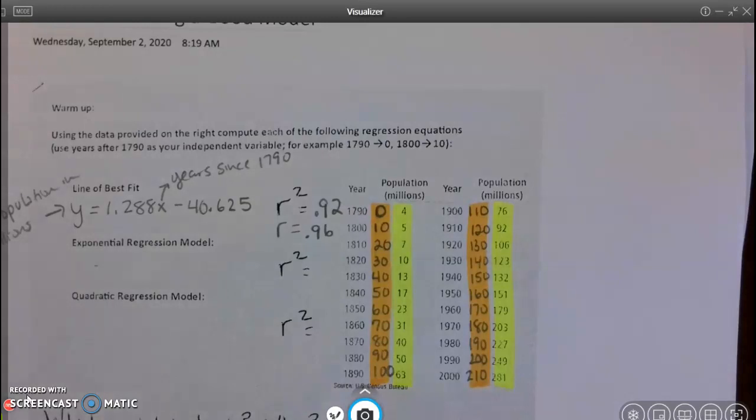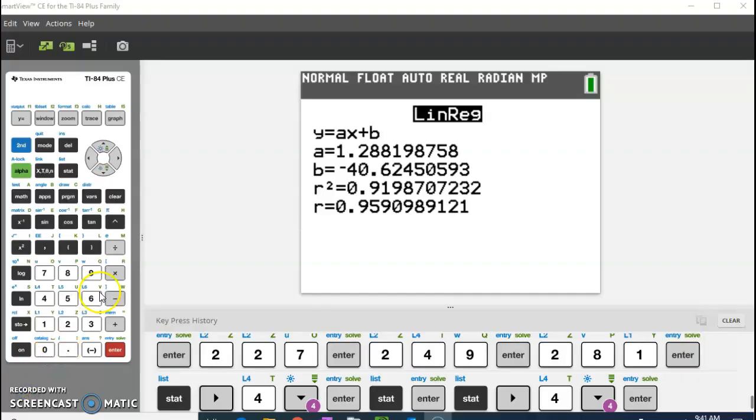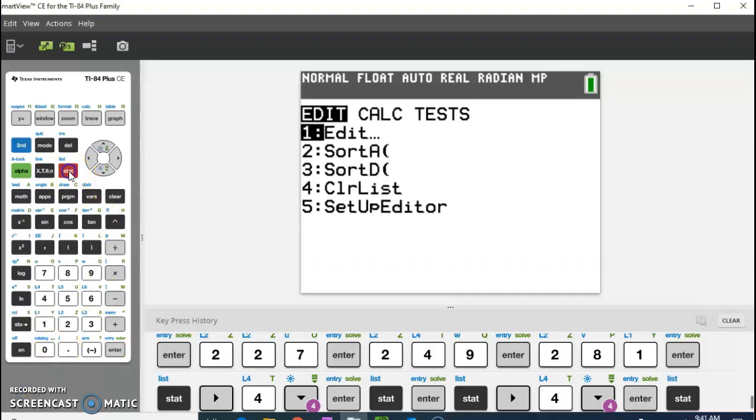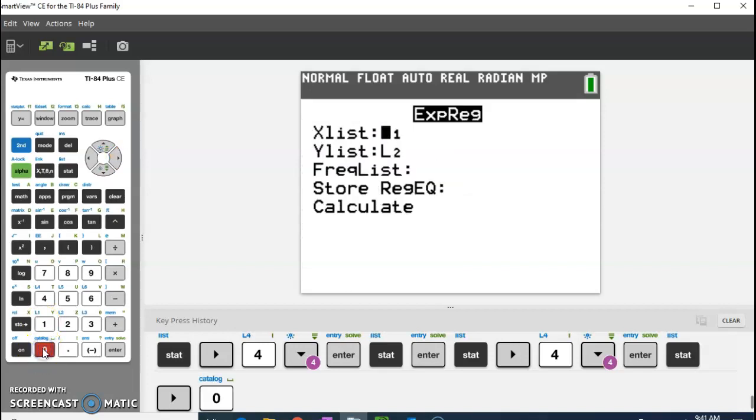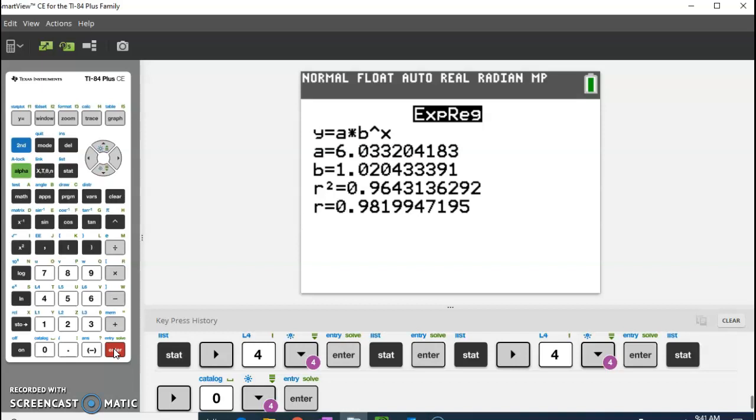Okay. All right, so now in order to do my exponential regression model, I'm going to go back to my calculator. And I left off with linear regression, so I'm going to go back to Stat, and calculate, and this time I'm going to go to exponential regression. And once again, I can go to 3 decimal places.